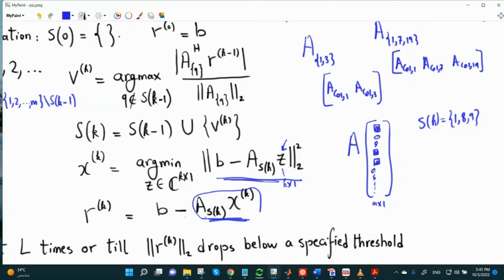So we have this error vector, and we measure perhaps its L2 norm, and wait for this norm to drop below a specified threshold.